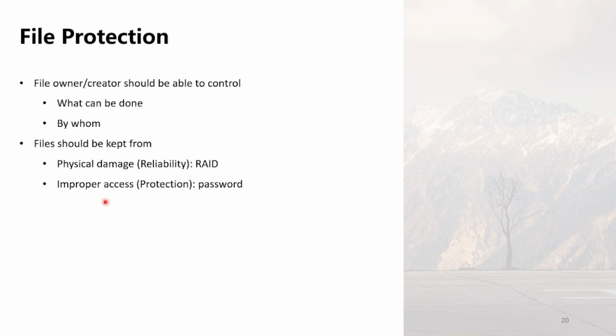Lastly, we have protection against improper access. This is often managed by assigning a password to a file or system, which must be entered before a user can access the file. Passwords add a layer of security, preventing unauthorized access and protecting sensitive information.